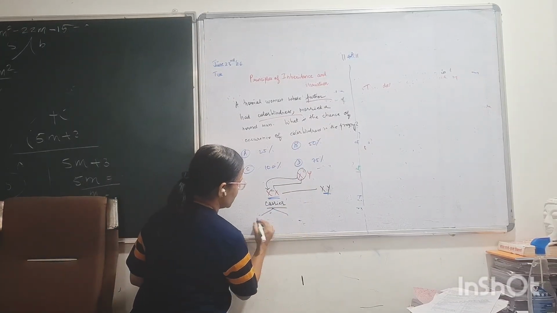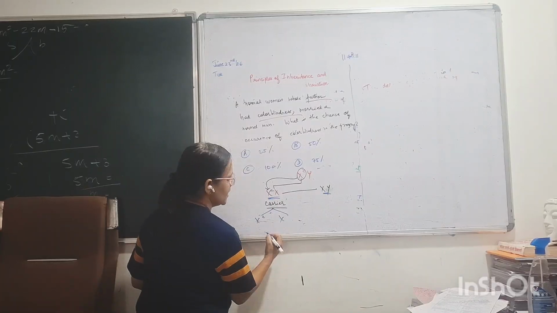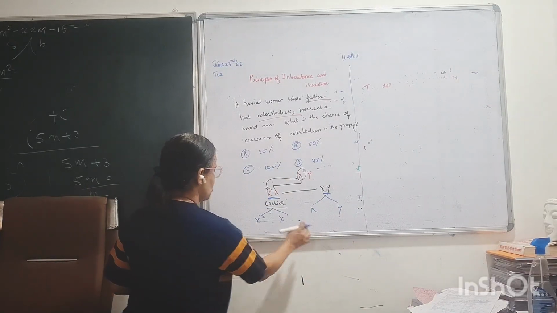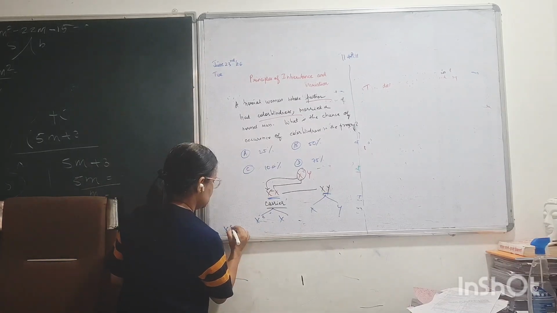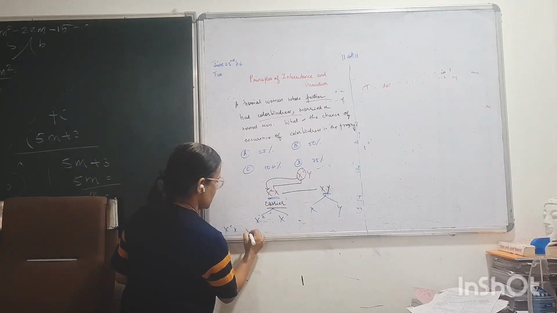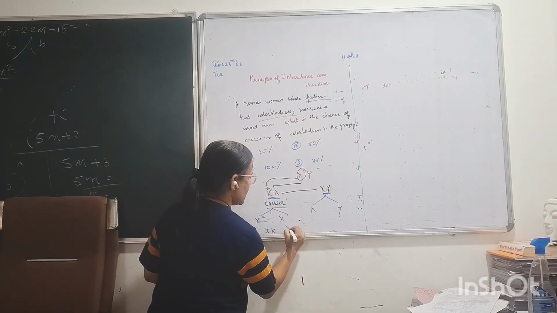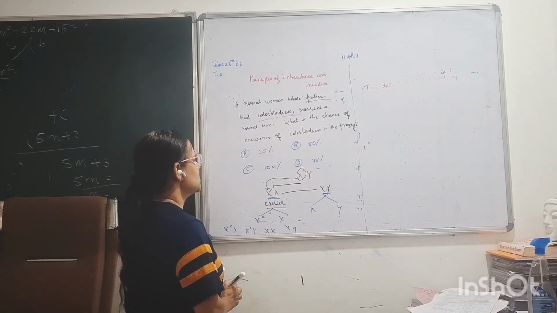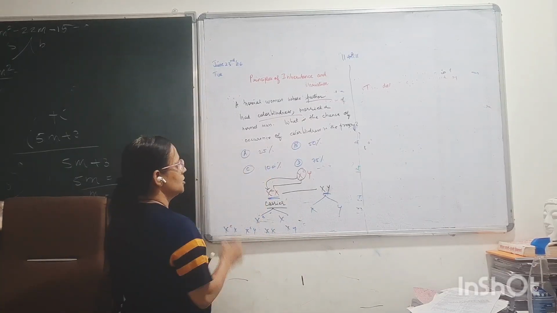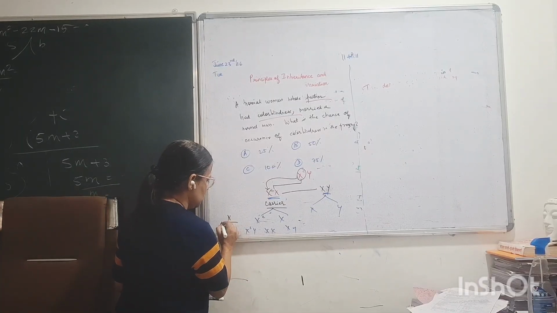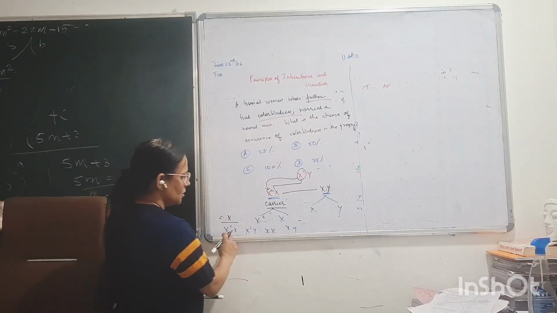So we'll have two types of gametes over here, XcX, and here X and Y. So what will be the progeny combination? XcX, XcY, XX and XY. They are asking how many will be color blind. Here this is again a carrier, but she is normal.